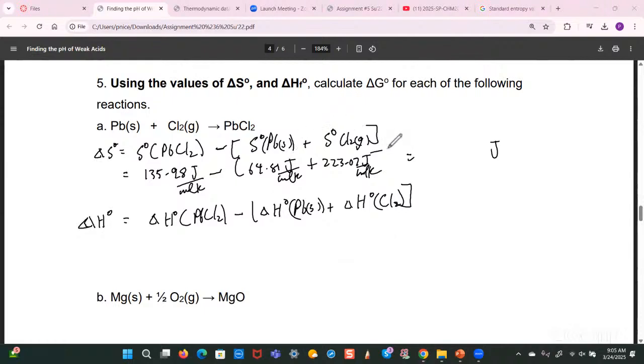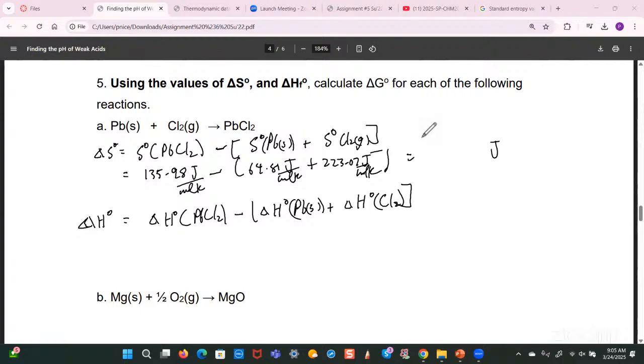That would be 64.81 plus 223.07, and then I'm going to subtract that from 135.98. Okay, something is wrong here.